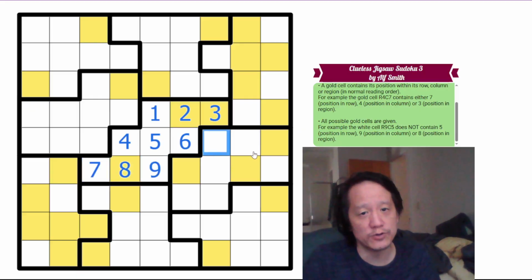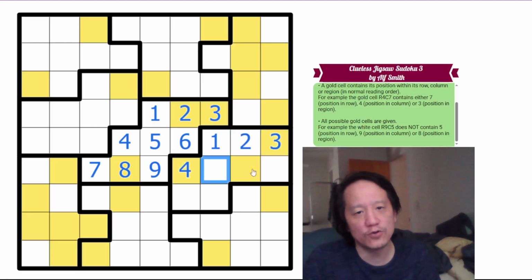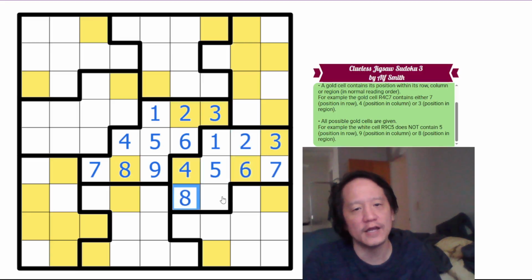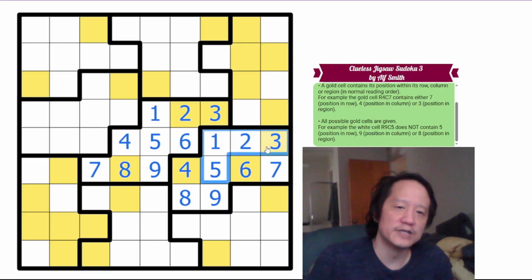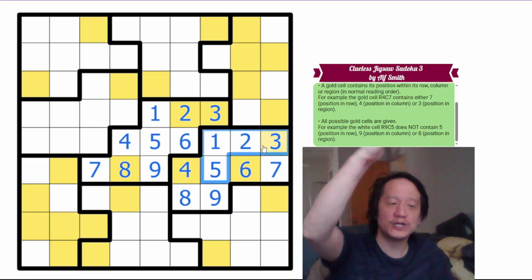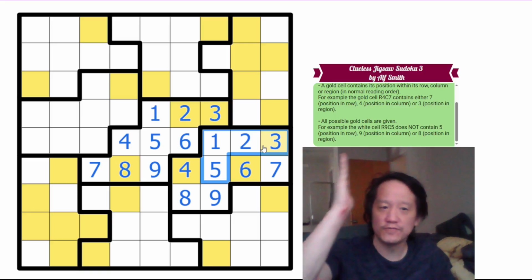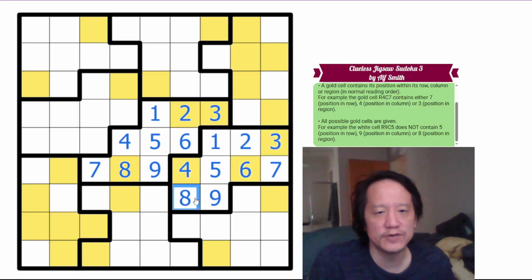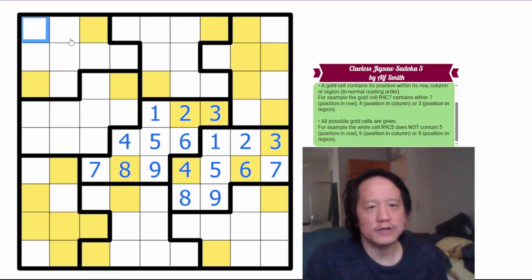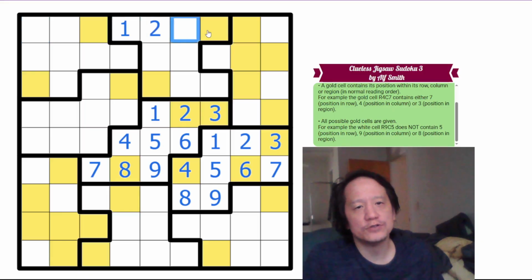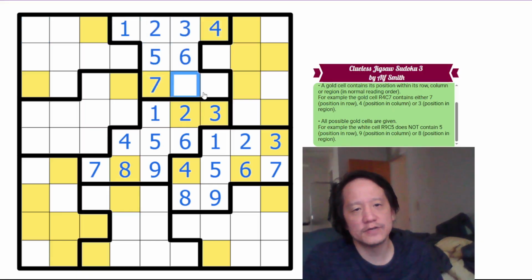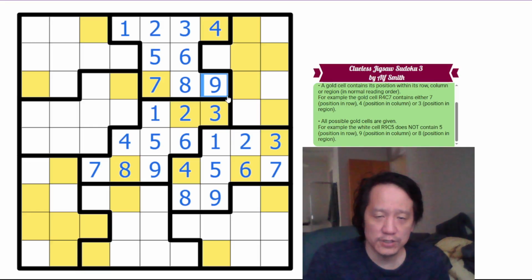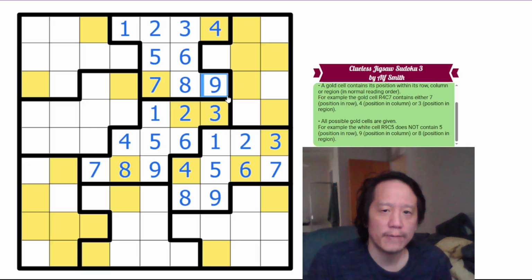In this region, it would be 1, 2, 3, 4, 5, 6, 7, 8, and 9, because again, it's from top to bottom and then left to right. So 1, 2, 3, 4, 5, 6, 7, 8, 9 is the counting in the region.